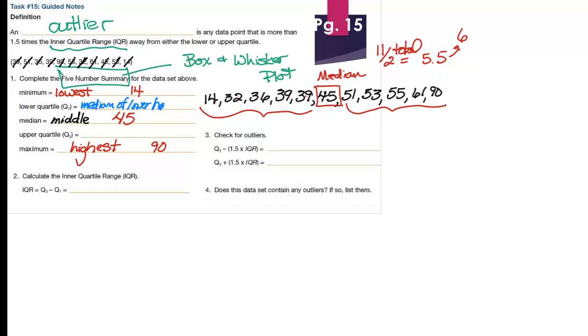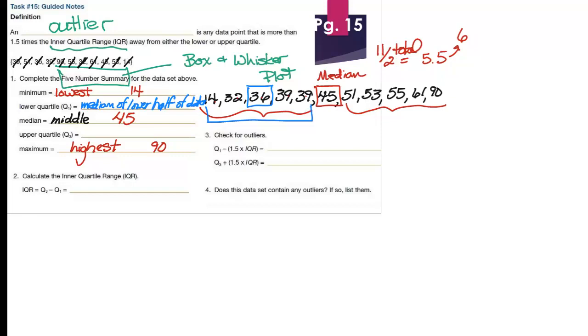I always wanted to call the data quartiles, but that is not correct. That's my fault. It is the median of the lower half of data. So if you look at the lower half, you have 5 numbers. If you look at the median, that is the middle. And yes, that is 36.